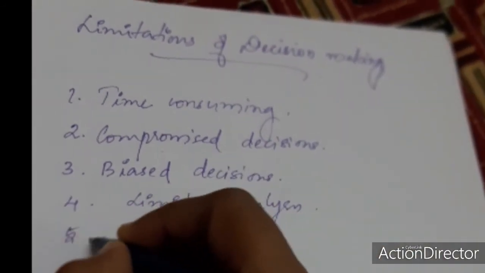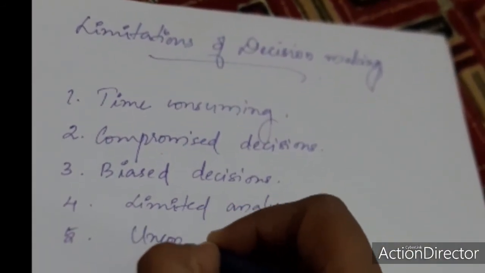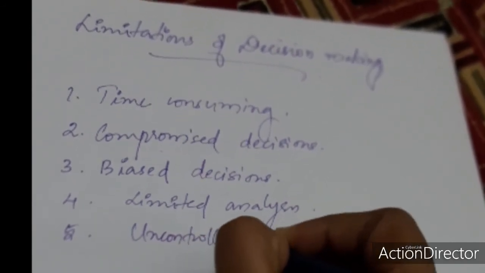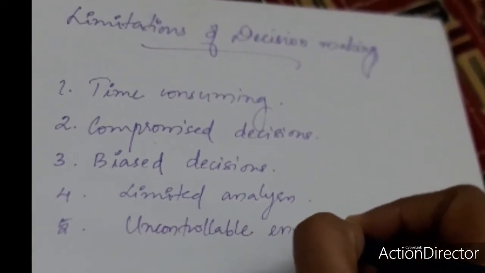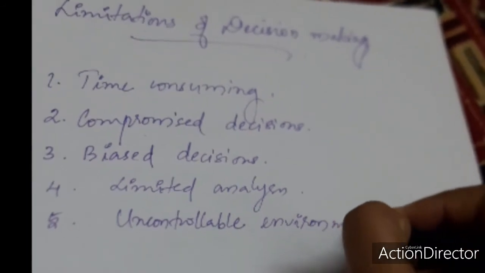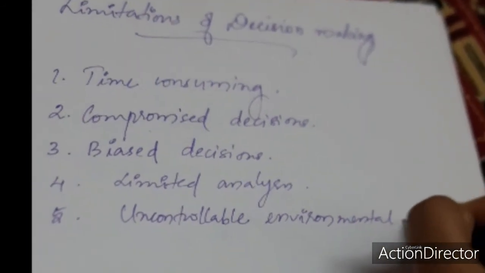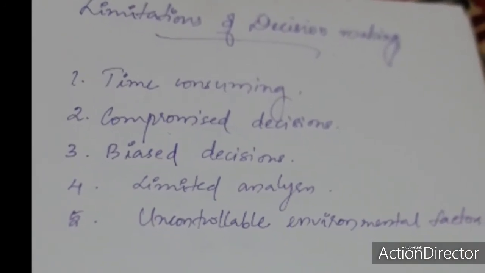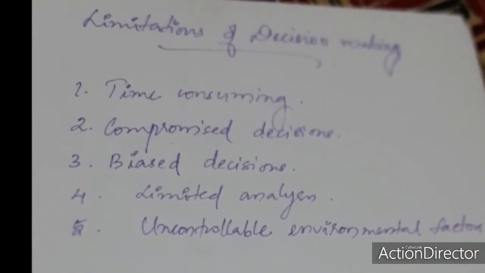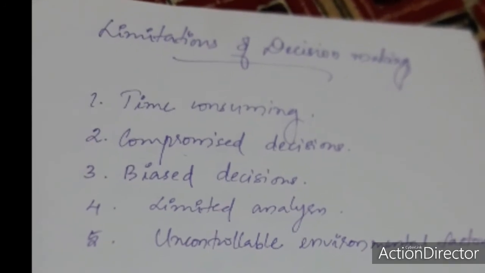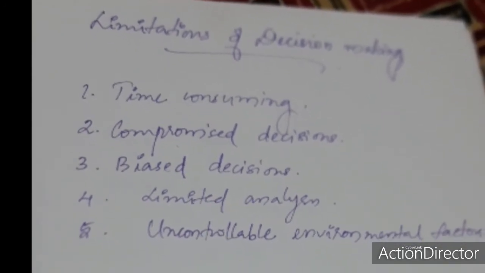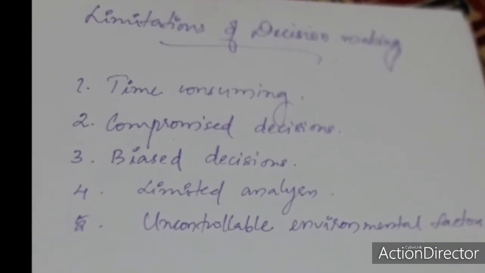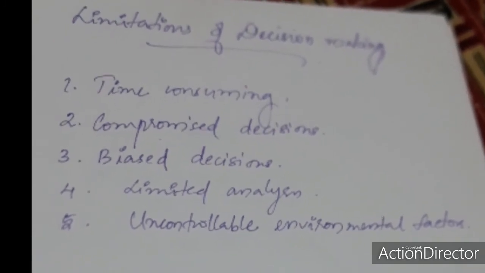Fifth one is uncontrollable environmental factors. So environmental factors like political factors, social factors, technological factors, and there are many other factors involved.